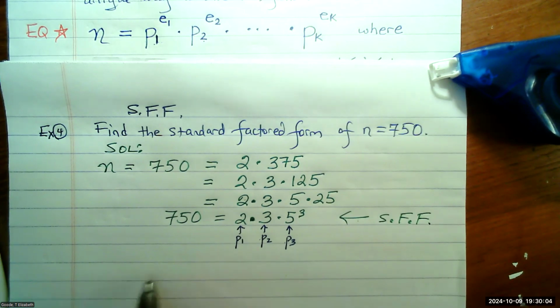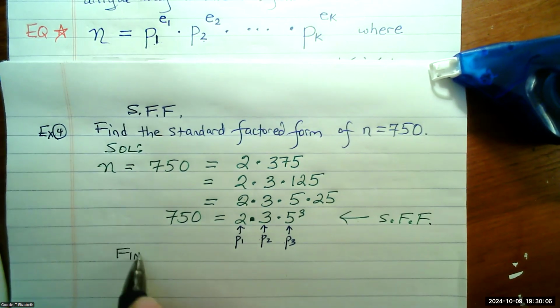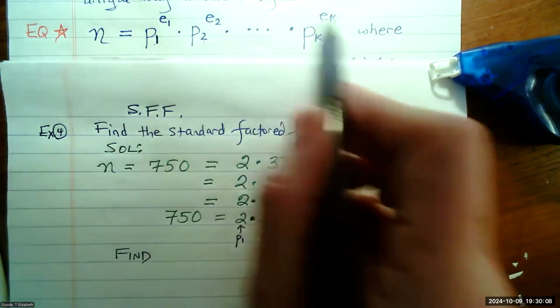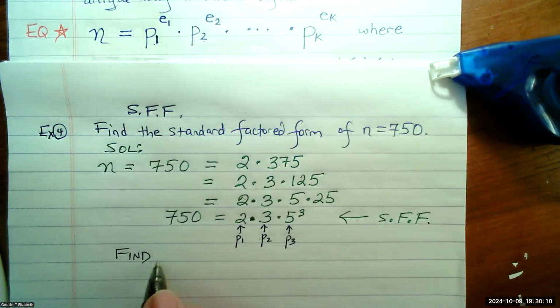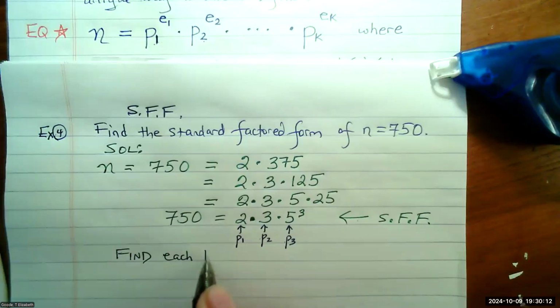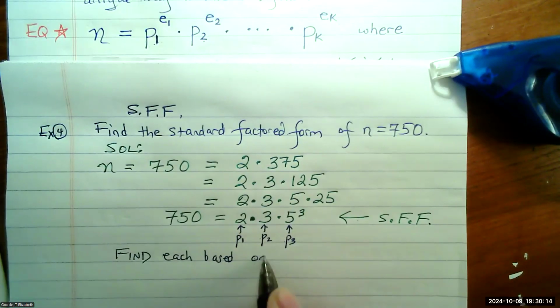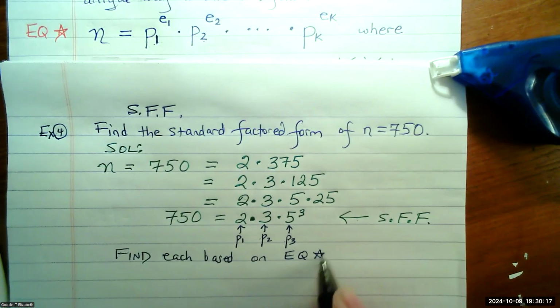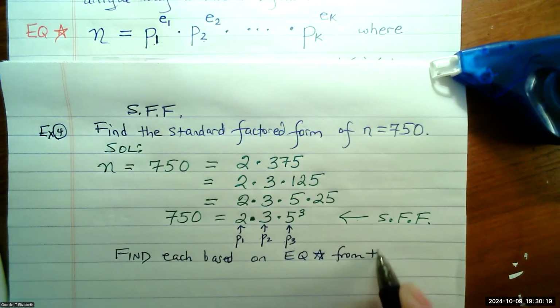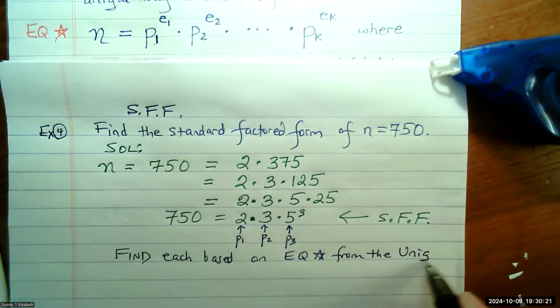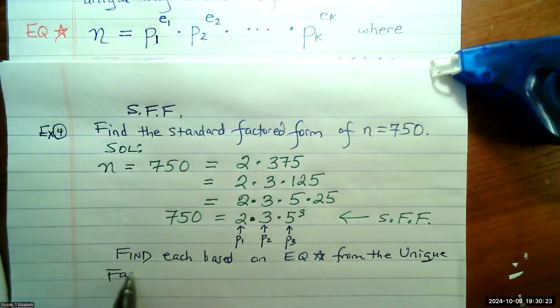Just to practice, to make sure you're comfortable with this notation, find each based on equation star from the unique factorization theorem. We'll see what I'm asking for here in just a second.